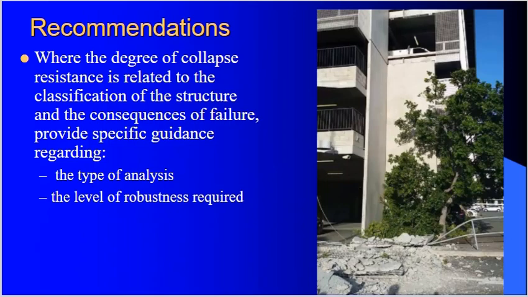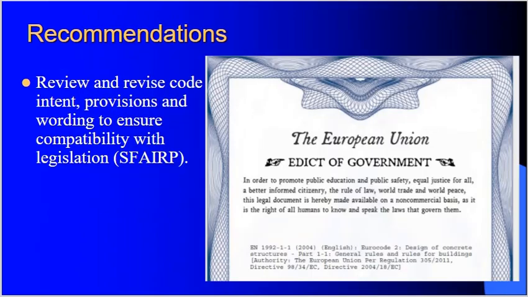And we really should consider whether that's appropriate or not. So we should review and revise code intent and provisions and wording to ensure compatibility with legal requirements so far as is reasonably practicable.